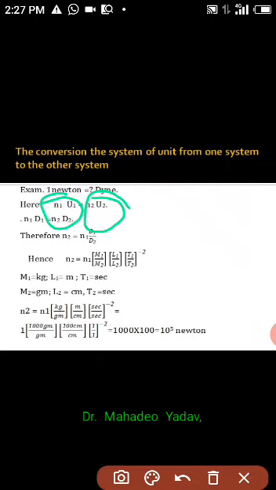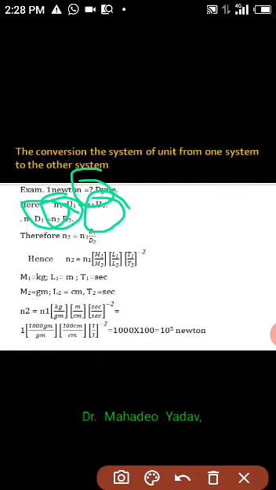Therefore, N1 U1, where U1 is the unit in MKS system, equals N2 U2, where N1 and N2 are the numerical values. Here at the place of unit, we put dimension D1, D2. Now we have to find the question mark: 1 Newton is equal to how many dynes?